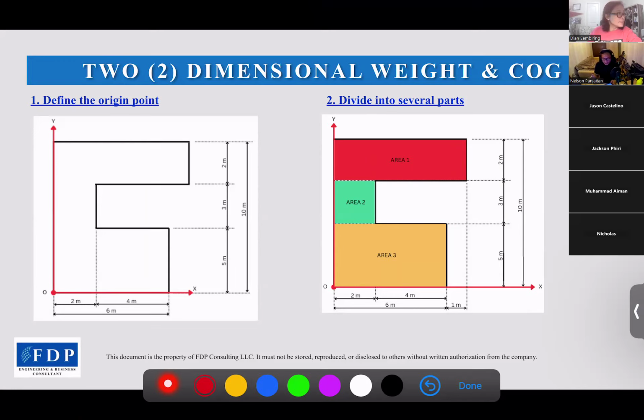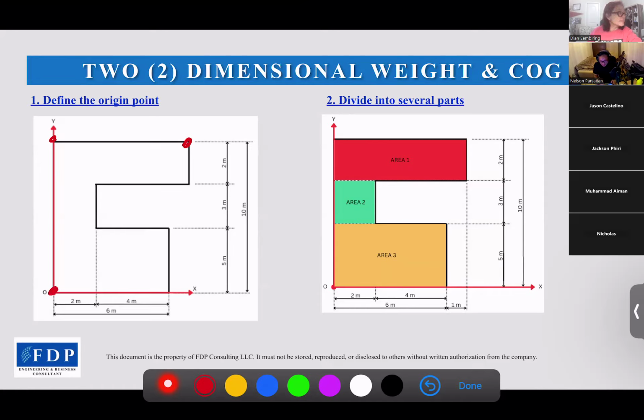It's free for you to put the origin point; you can choose to put it here or wherever you want. For this case, I will put the origin point here.